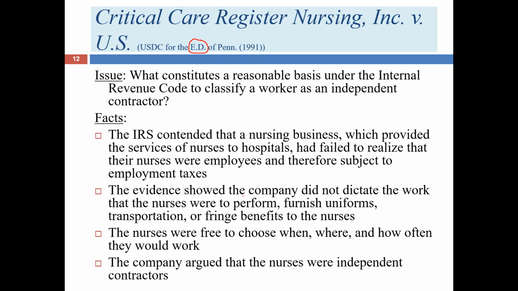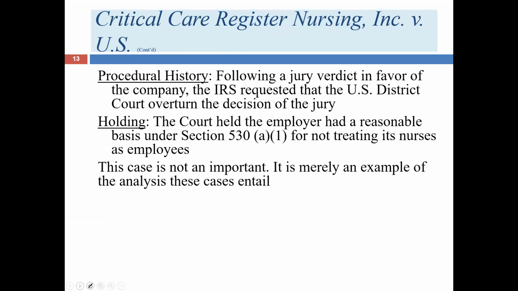But the evidence showed that the company did not dictate the hours that the nurses were to work, did not provide uniforms for the nurses, did not provide transportation for the nurses, and did not provide any kind of fringe benefits to the nurses. So the nurses were free to choose when, where, and how often they would work. For these reasons, the company said that the nurses were independent contractors and therefore not employees.